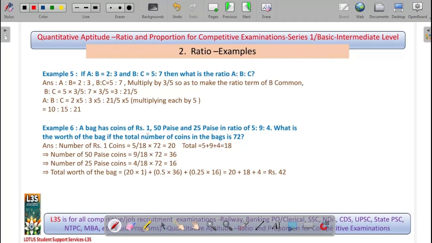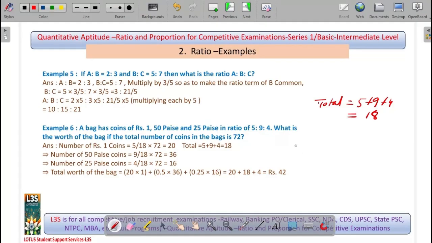A bag has coins of rupees 1, 50 paise and 25 paise in the ratio 5 is to 9 is to 4. What is the worth of the bag if the total number of coins in the bag is 72? So this is in the ratio 5, 9, 4. So total is 5 plus 9 plus 4 is equal to 18.